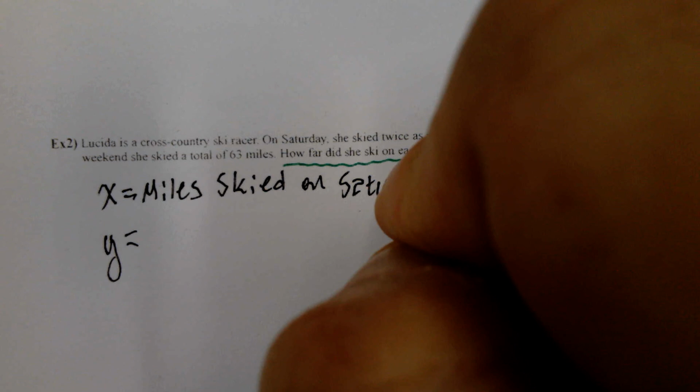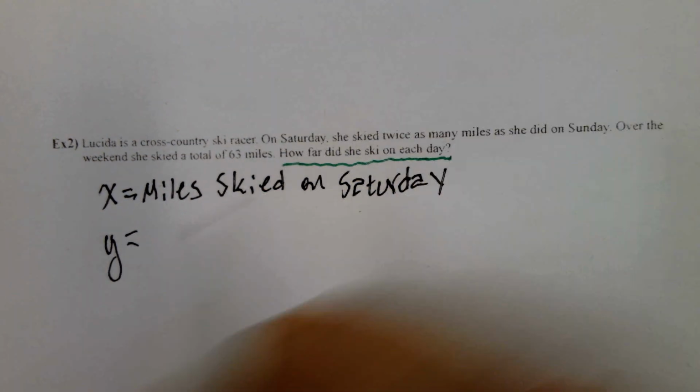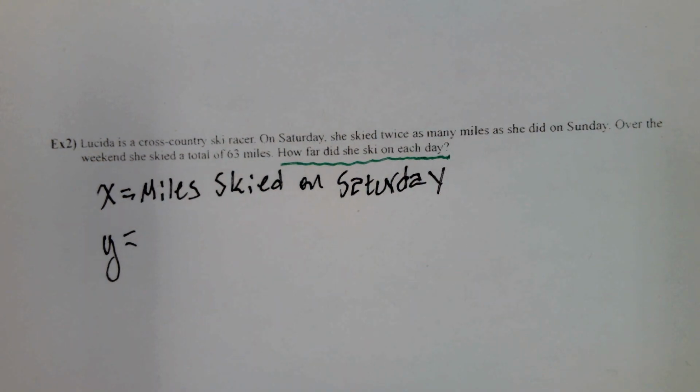So X is the miles skied on Saturday. Because when we answer X, when we get an answer for X, that'll tell us how far she went on Saturday.